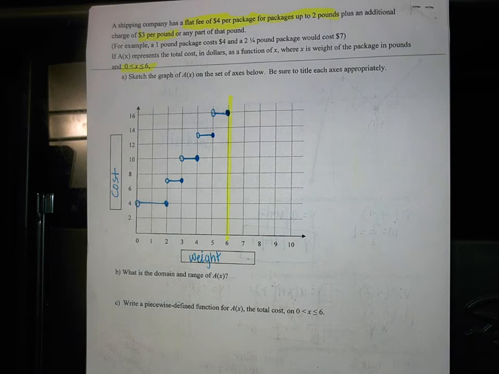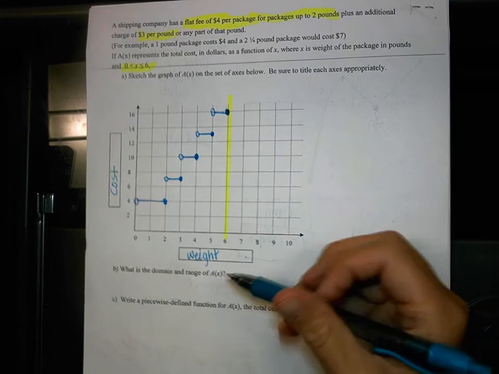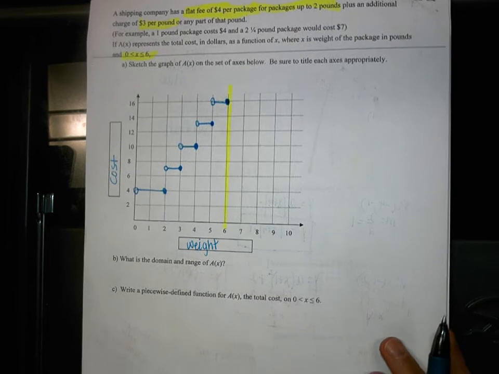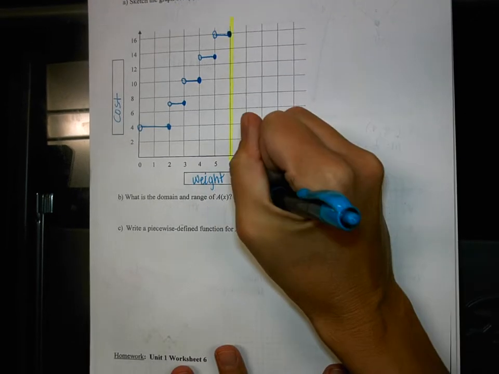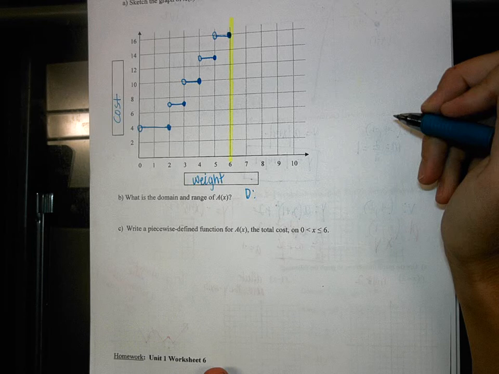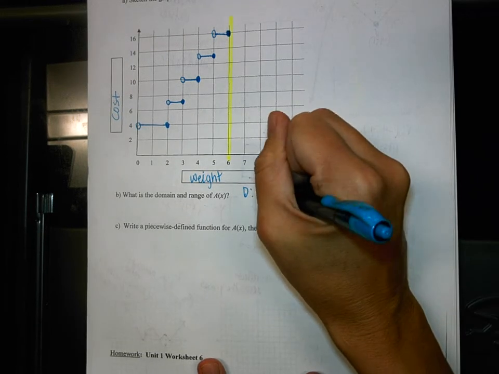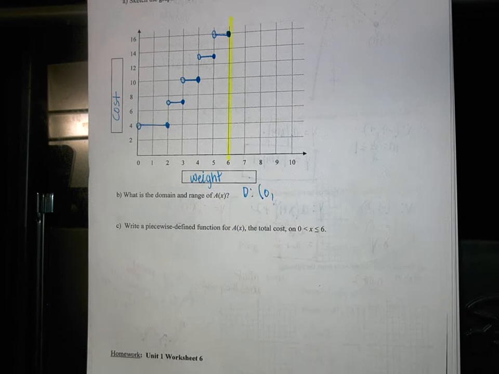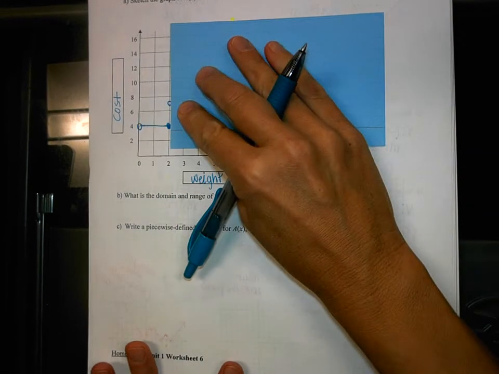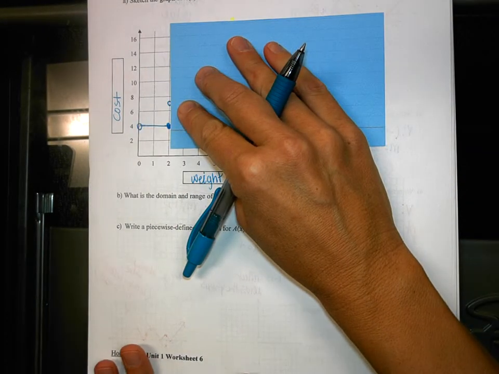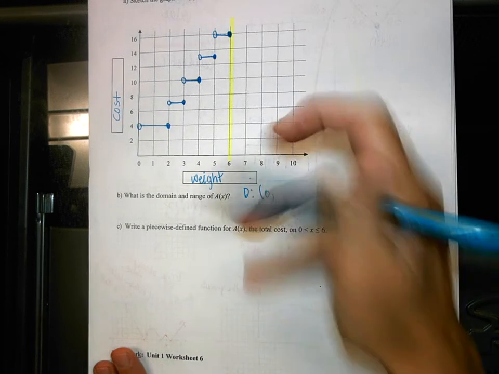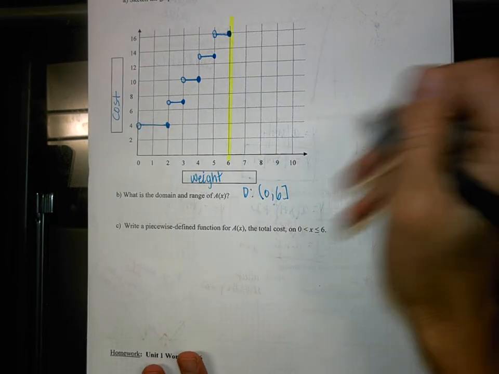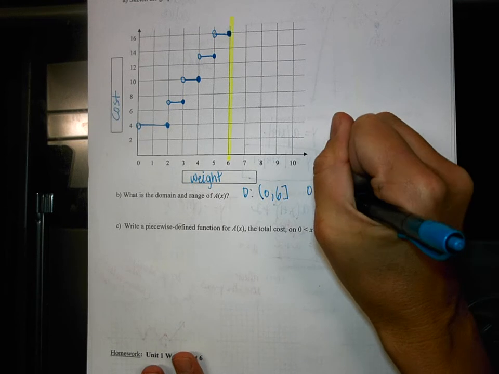All right. What is the domain and range of this function a of x? Okay. So my domain is what? 0 in parentheses all the way to 6, because as you go along, even though we have an open circle, we also have a closed. So 0 to 6, and it's a bracket. If we were writing this in interval notation, it would be 0 is less than x is less than or equal to 6.